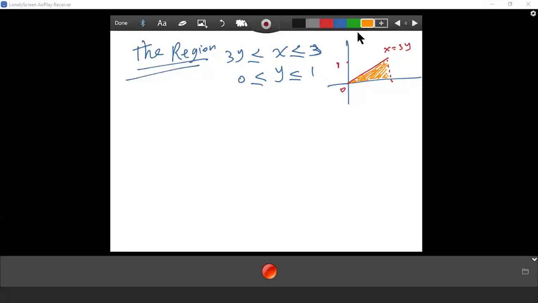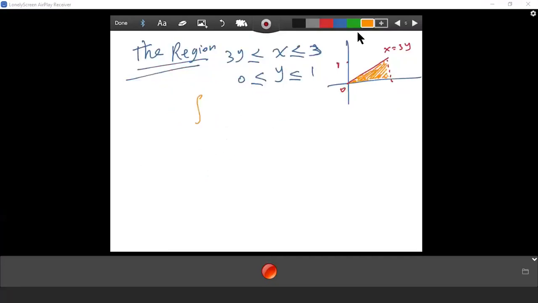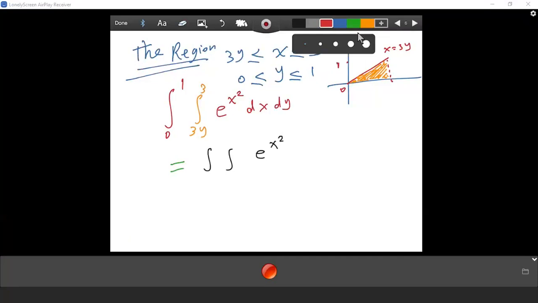Now, instead of having this one, I write it again, from zero to 1. I'm going to reverse, so this will be changed into the double integral of e to the x squared, and instead of dx, I will start with dy and then dx.